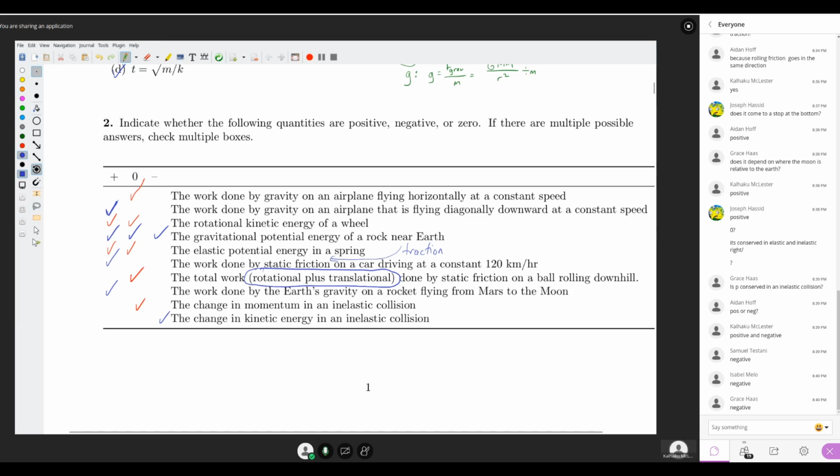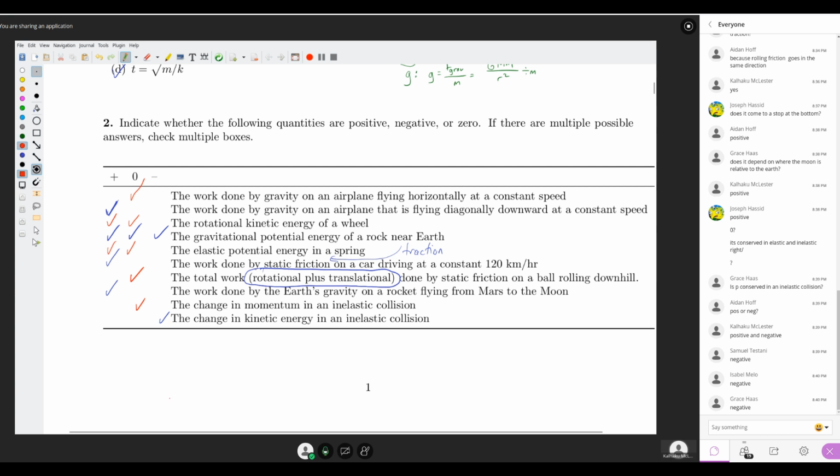One way to think of it is if I have two objects that are moving toward each other, and they collide and stick together, they have lost all of their kinetic energy. So inelastic collisions lose energy always.